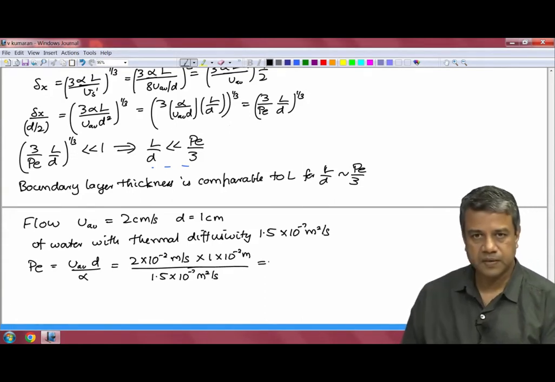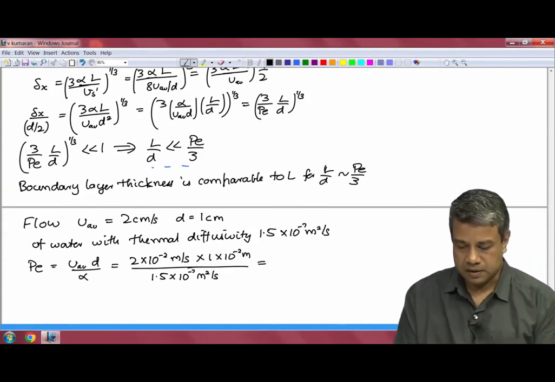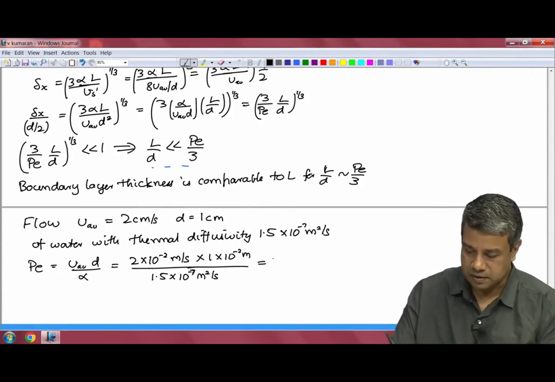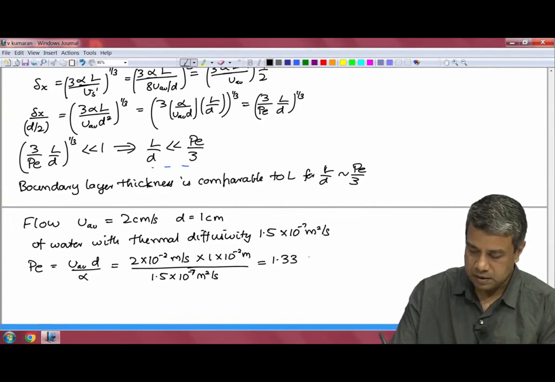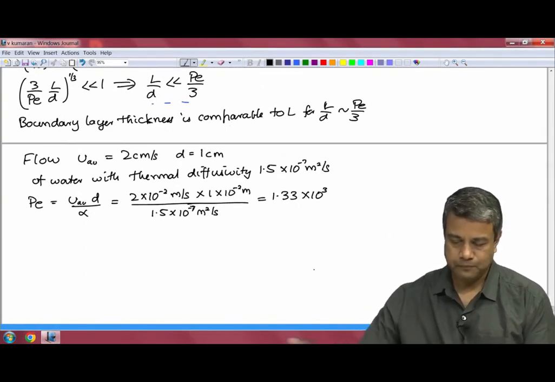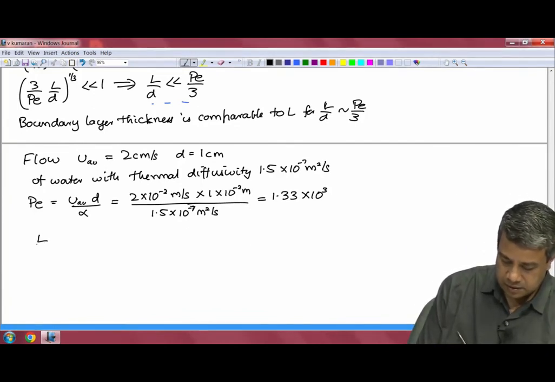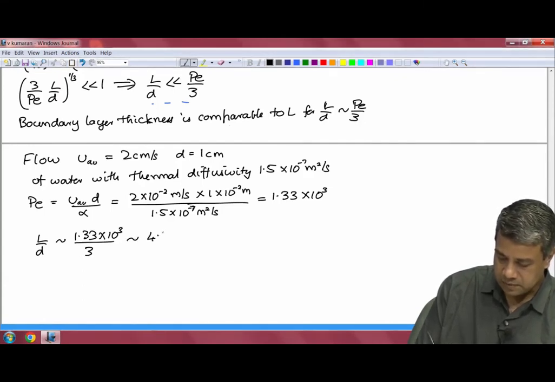If you calculate this, you will get 1.33 into 10 power 3, which means that L by D has to be approximately 1.33 into 10 power 3 by 3, which is 4.44 into 10 power 2.